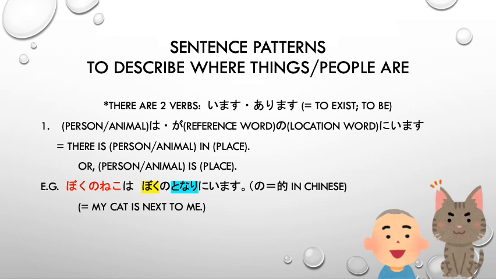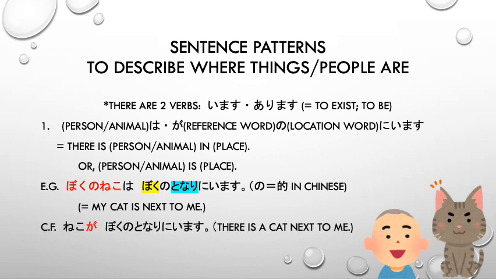If you use が instead of は English meaning is slightly different. 猫が僕の隣にいます。Meaning there is a cat next to me. So cat hasn't been mentioned previously, so it's a first time that you notice this cat.